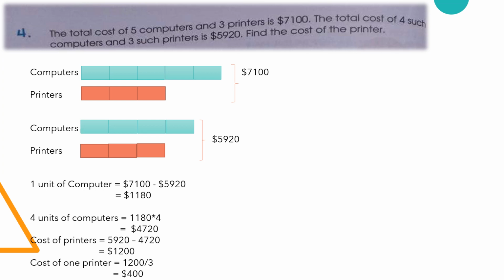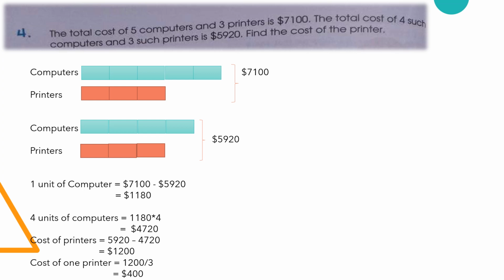So basically, if there are 5 computers and 3 printers, the cost is $7,100, and if there are 4 computers and 3 printers, the cost is $5,920. In the first case, we have an additional computer. So if we subtract 5,920 from 7,100, we get the cost of the one additional computer.